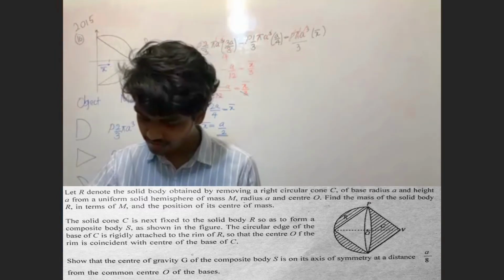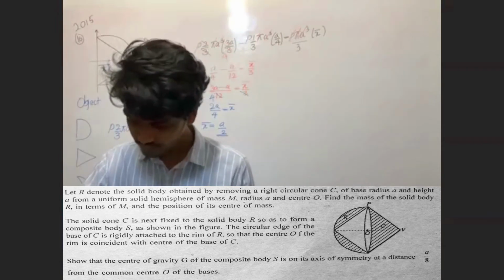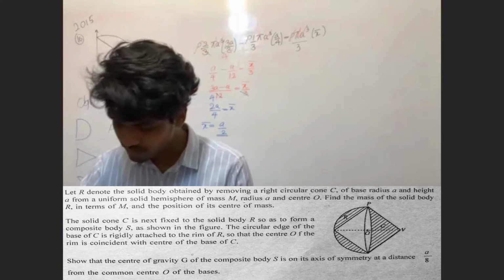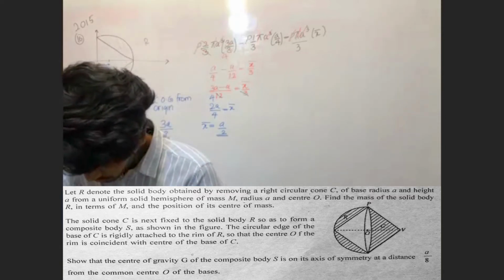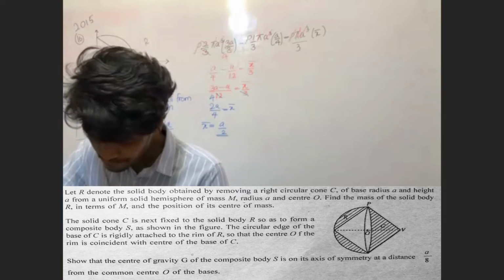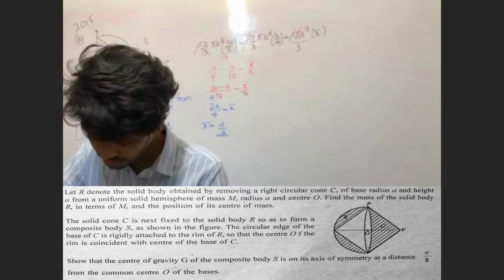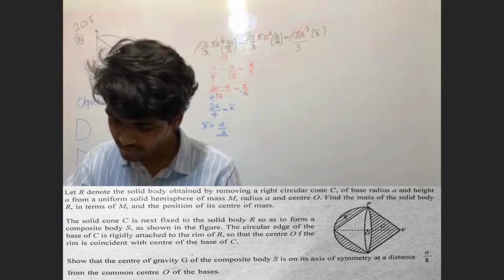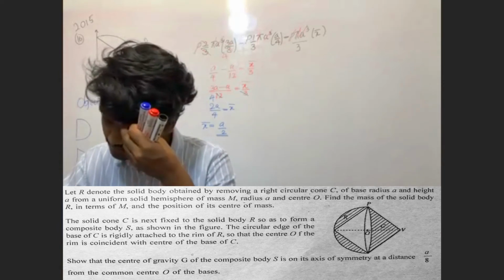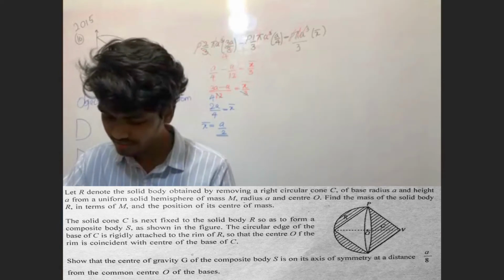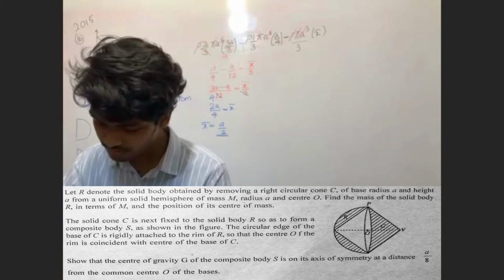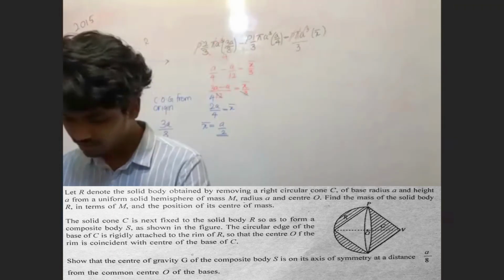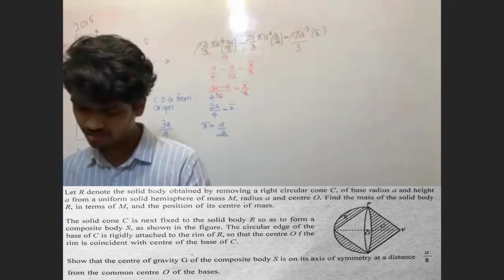The circular edge of the base of C is rigidly attached to the rim of the ring R, so that the center of the ring R coincides with the center of the base of C.